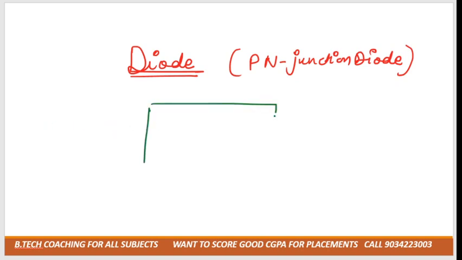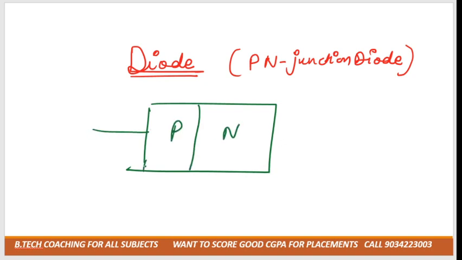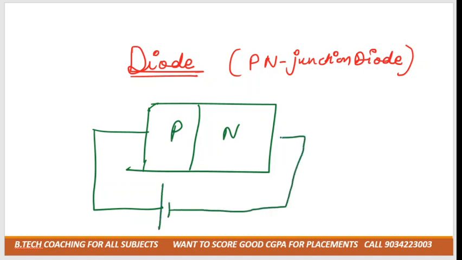So this is a p-type and this is an n-type. Then they did another experiment. They connected the p-type with the positive terminal and the n-type with the negative terminal. Now let's see what happens.